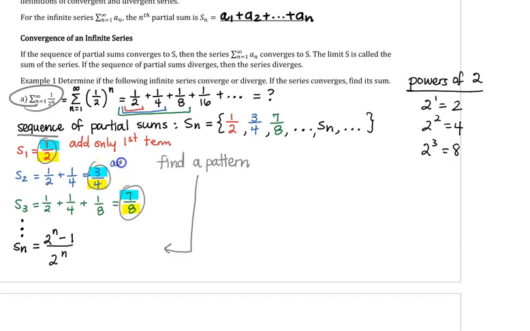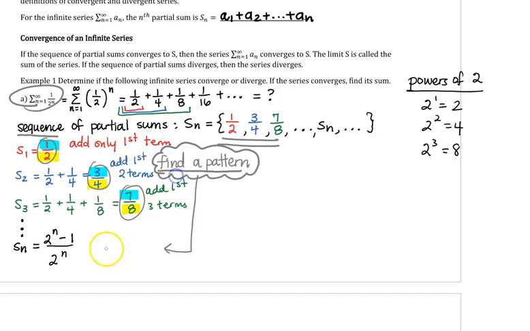What do you get when you add the first two terms? What do you get when you add the first three terms? So form that sequence, and then try to find a pattern for what happens when you add the first n terms of the series.